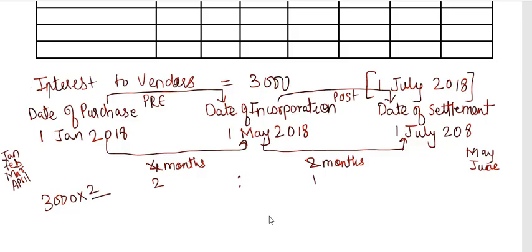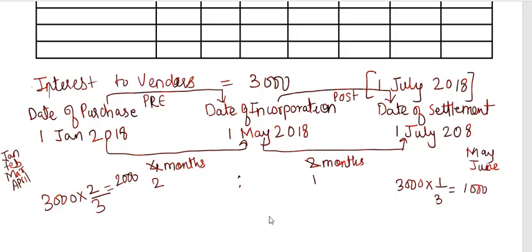So 3000 multiplied by 2 divided by 3, we get 2000. And 3000 multiplied by 1 divided by 3, we get 1000.